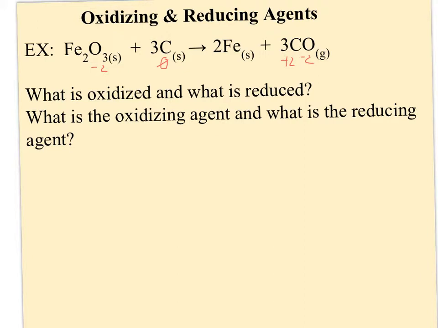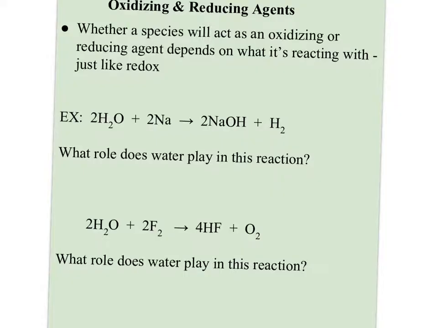And iron's going to go from a +3 to a 0. So that lets me know that iron is being reduced because its charge went from +3 to 0, it gained electrons, whereas carbon is being oxidized. So what's the oxidizing agent? Iron's the oxidizing agent, and carbon is the reducing agent.